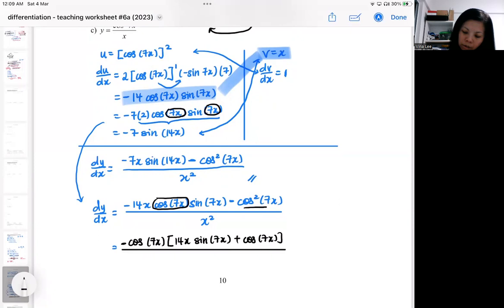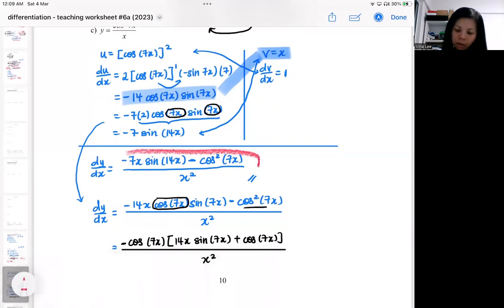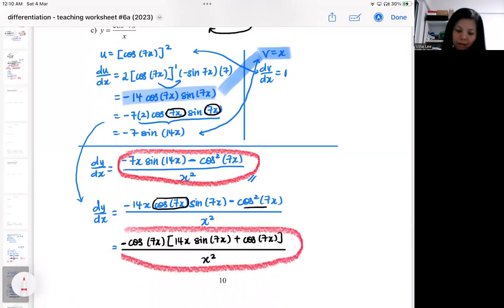So both answers look quite different. So you might feel that this answer and this answer look very different, but they are the same. So if there is no need for the double angle, then it can be the second answer. If you use the double angle, it will be this one.